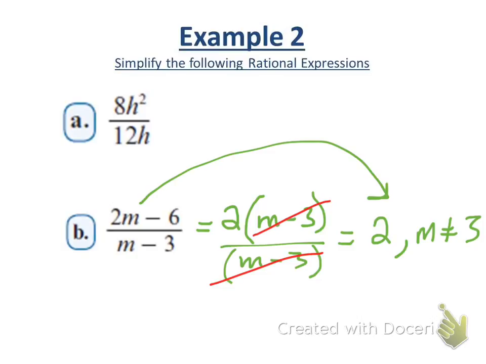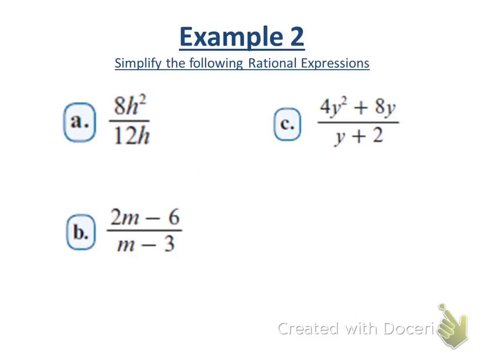If m is equal to 3 over here, this is not equal to 2. So we're qualifying the equal sign by saying that the original expression is equal to 2 only if m is not equal to 3. Is everybody okay with that? All right, try this last one on your own and see what you get.